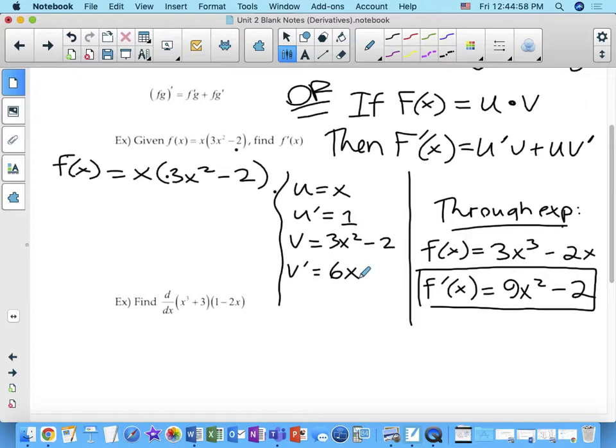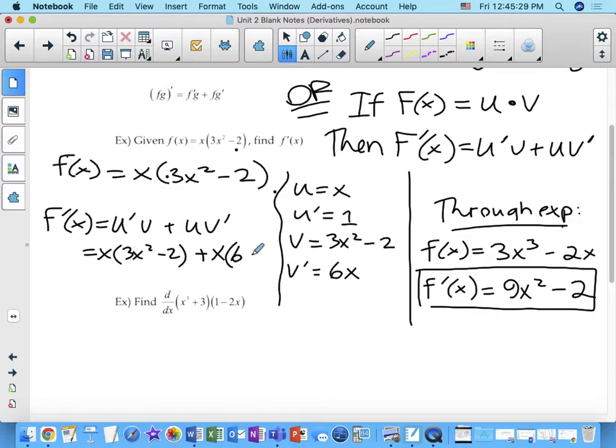According to the product rule, f prime of x is equal to u prime v plus u v prime. Now we've got expressions for all of these, so we're going to plug them in. U is x, v is 3x squared minus 2, plus u, which is x, times v prime, times 6x.